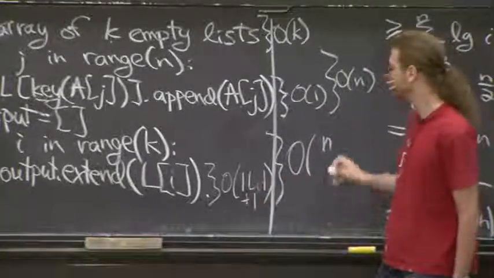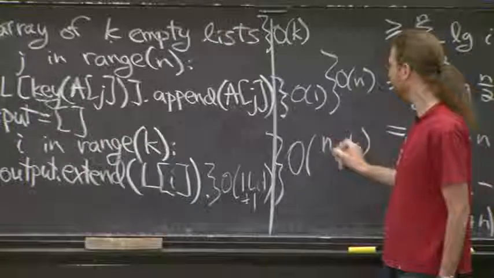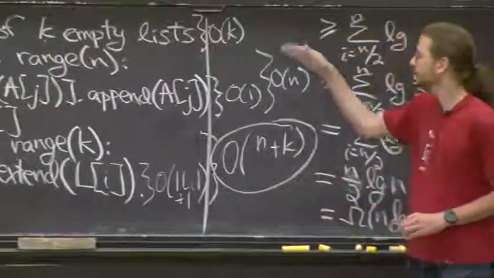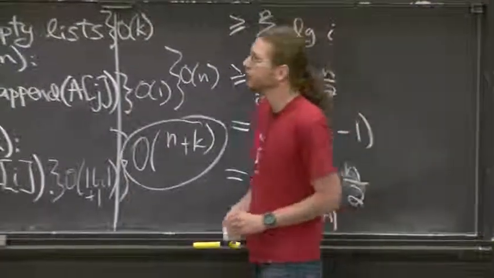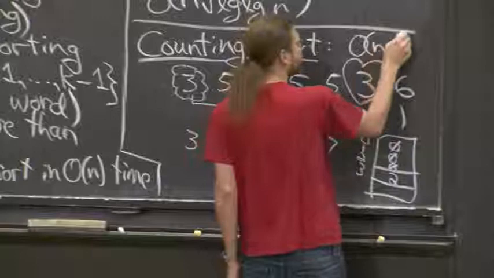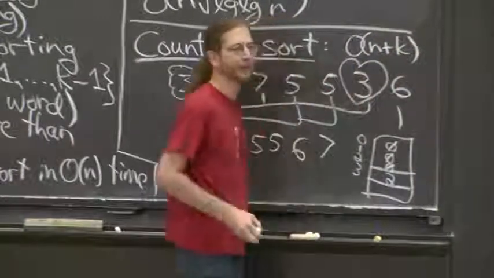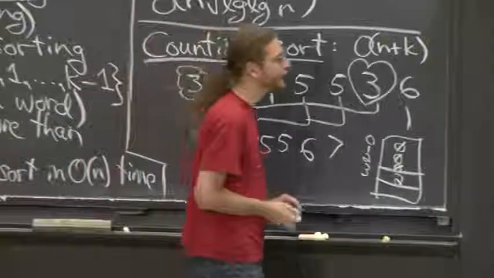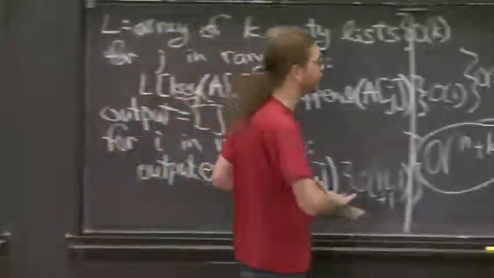And then you get +1 for each of them, so you get n plus k. N plus k is the running time of this algorithm. Okay, so counting sort is order n plus k. So if k happens to be order n, this is linear time. But as soon as it's a little bit bigger, you're in trouble. So counting sort's a good warm-up, but it's not ultimately what we want.